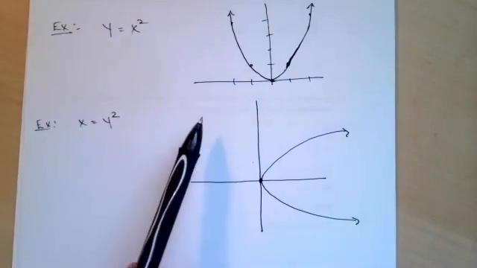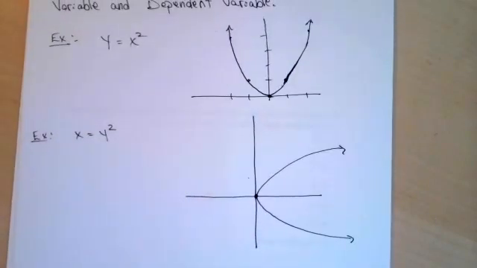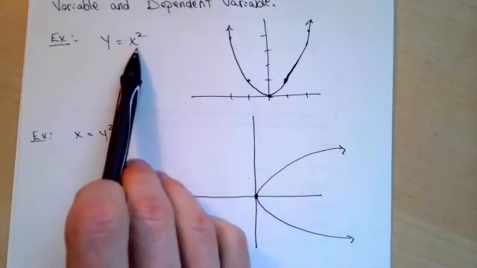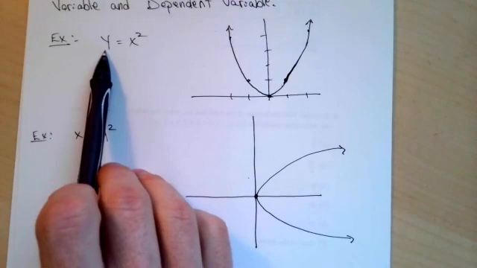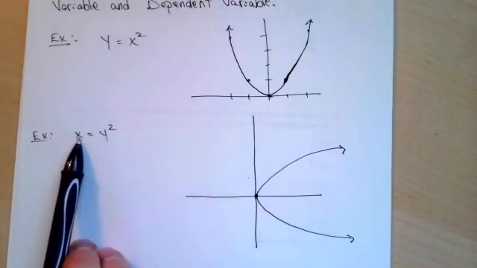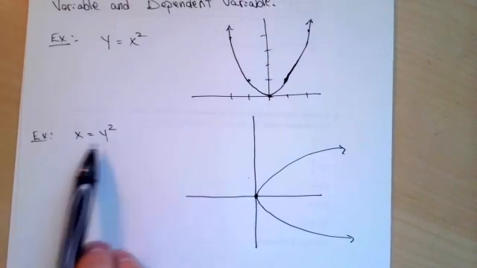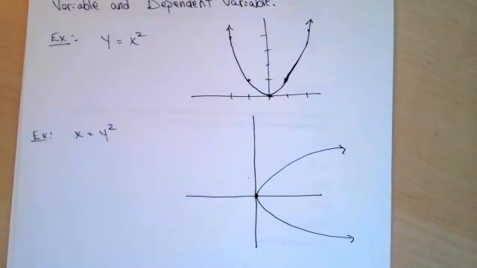However, we know in both of these cases, if we model these by functions, we have to make a definitive choice. Namely, in this one, x is our independent variable and y is our dependent variable. And in the other case, x equals y squared, we actually have to flip that. We have to have x as our dependent variable and y as our independent variable.